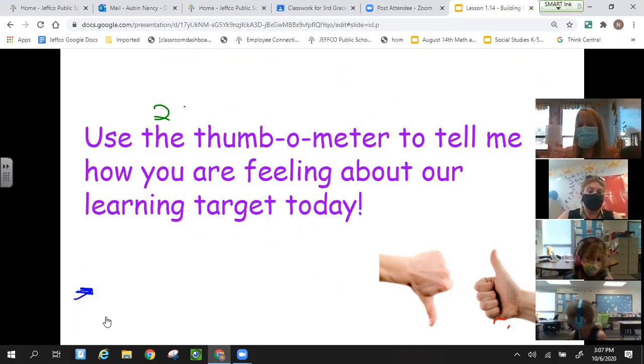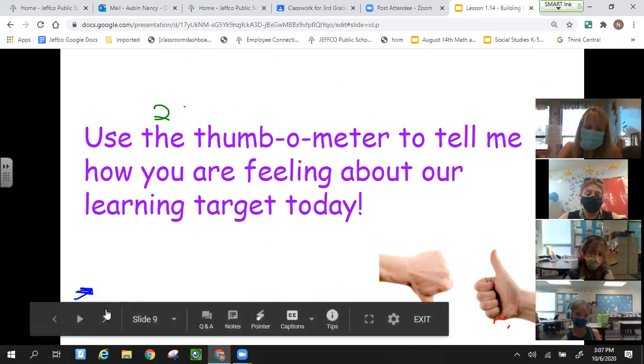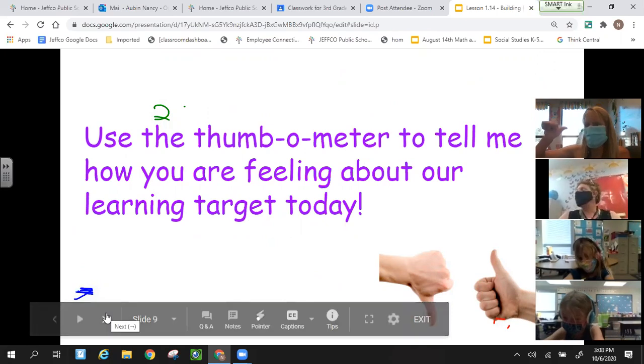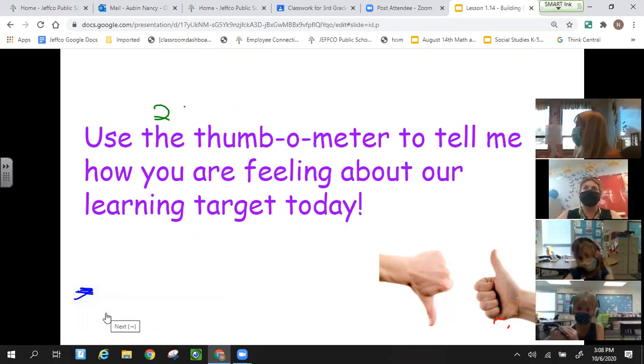Okay, guys, so here's what I'd like to do in our remaining time. I think if you have your thumb up, or even sideways, you must finally be using some of these strategies that we have been talking about.